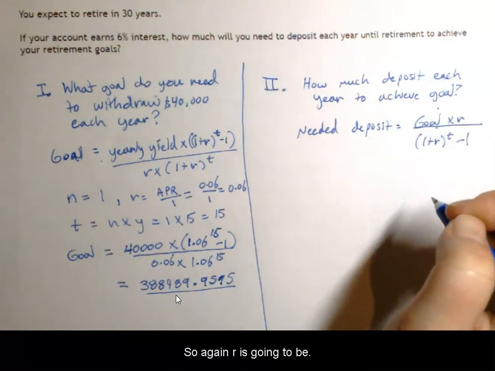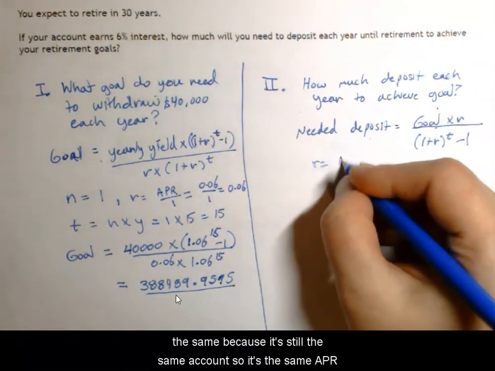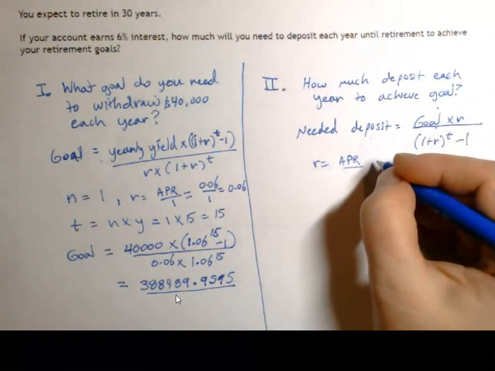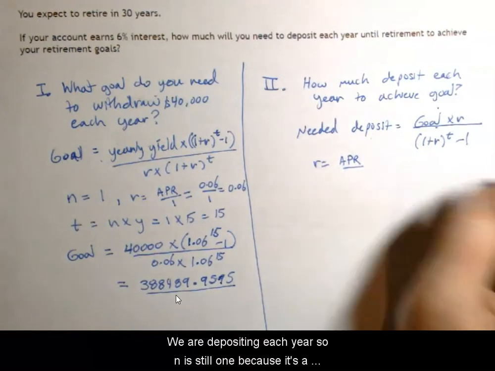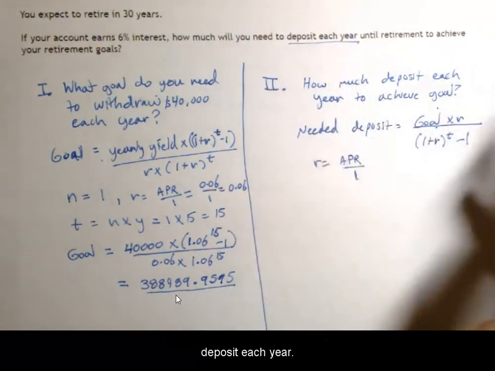So again, R is going to be the same because it's the same account, so it's the same APR of 6%, and we are depositing each year, so N is still 1 because it's a deposit each year.